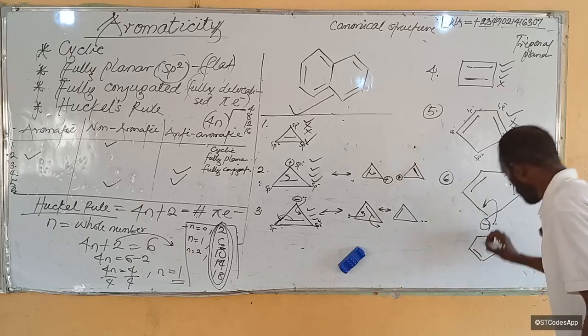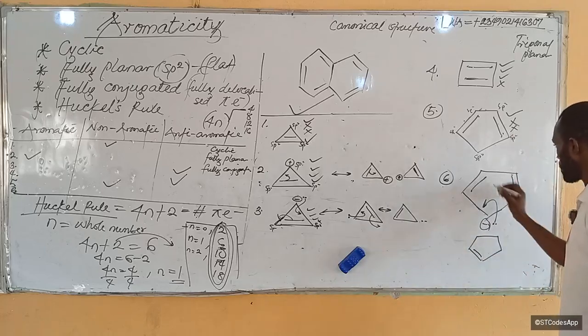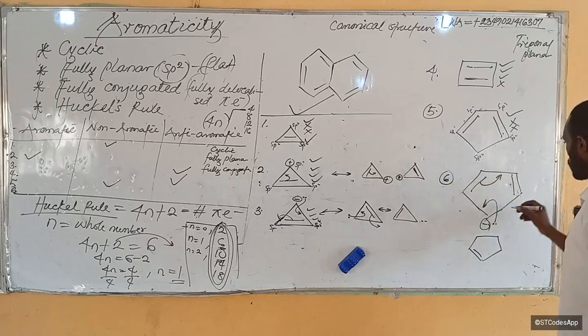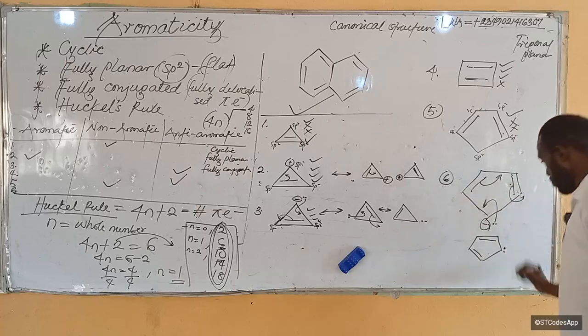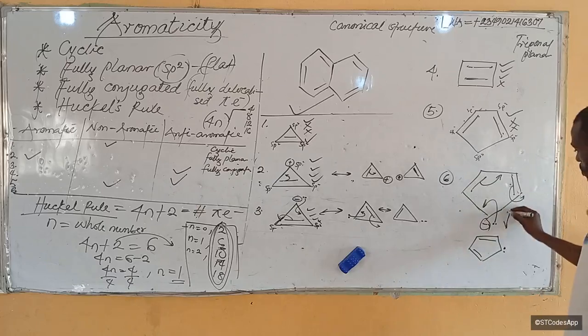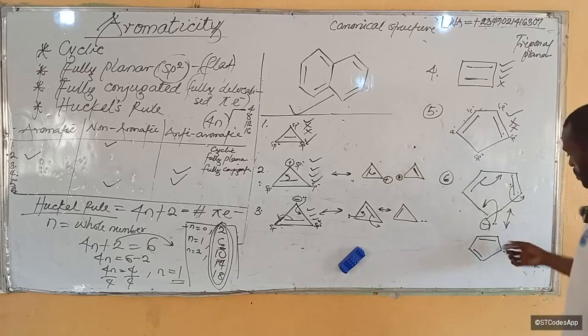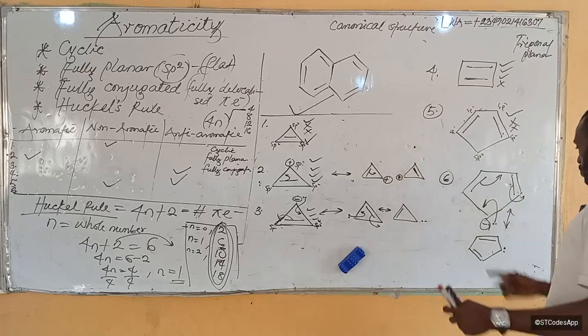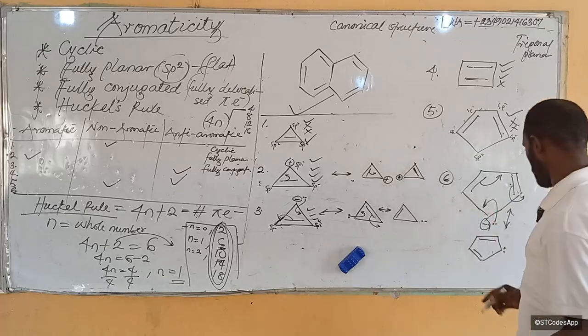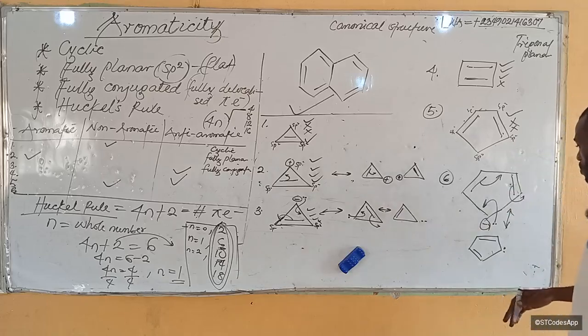This double bond has shifted here, and with that, this guy will also collapse here. So if this guy collapses here, we have a double bond here. Then this one will come here, so our lone pair stays here. So this is a resonance structure. The next resonance structure will be where this guy is attacking this place, and like that, until you rotate it over, I think, 5 places. So it's going to have 5 resonance structures.